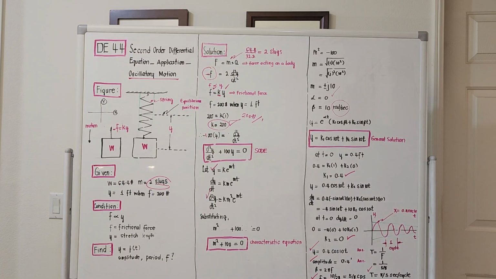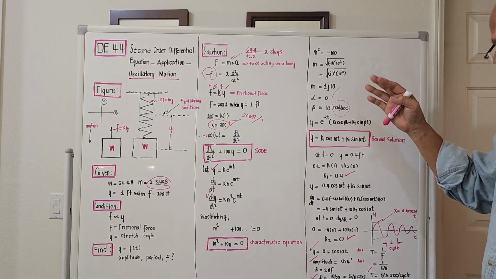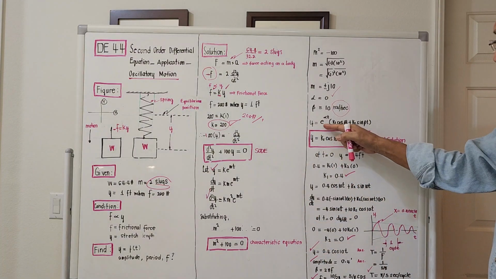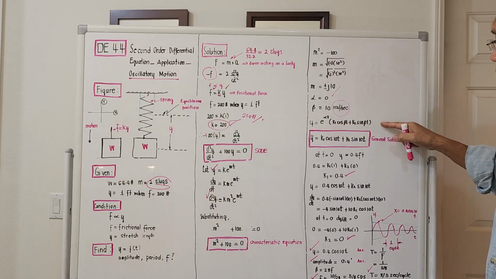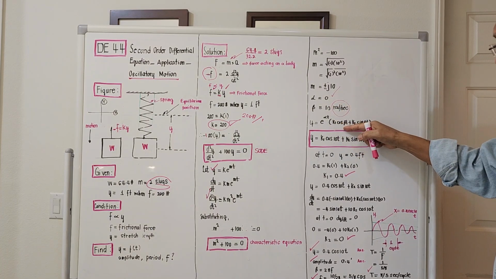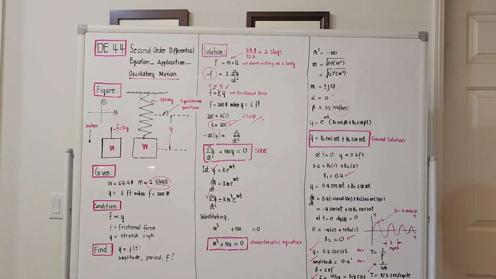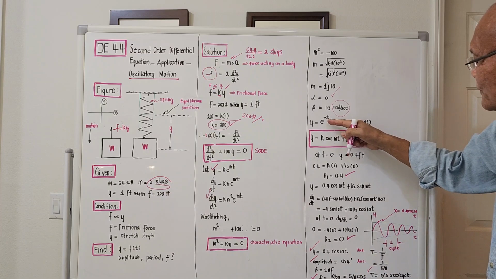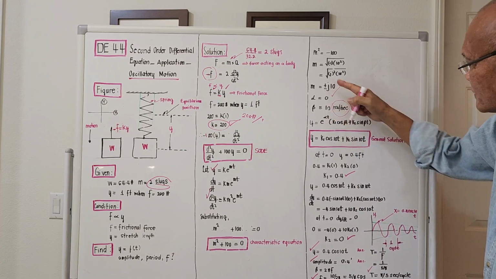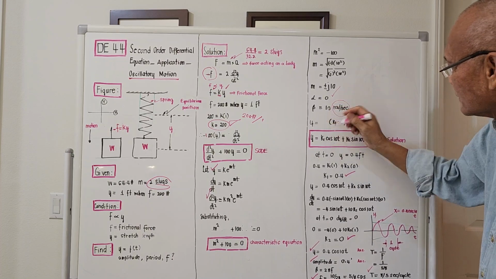Okay? So if we try to recall the formula on how to take the solution under case number 3, it is actually this: e raised to alpha t times the quantity k1 cosine of beta t plus k2 sine of beta t. Since alpha is 0, 0 times time will be 0, e to the 0 will be 1, so this will just become 1.